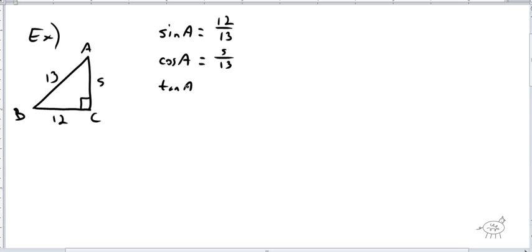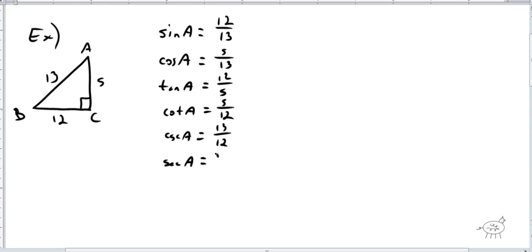Tangent of A is opposite over adjacent, so 12/5. Then let's do our reciprocal functions, in a particular order because you'll see in a second. Cotangent of A, just flip these over, so 5/12. Cosecant of A is going to be 13/12, and secant of A is 13/5.